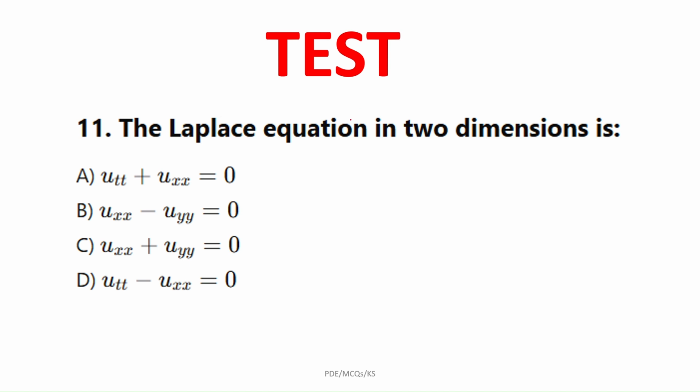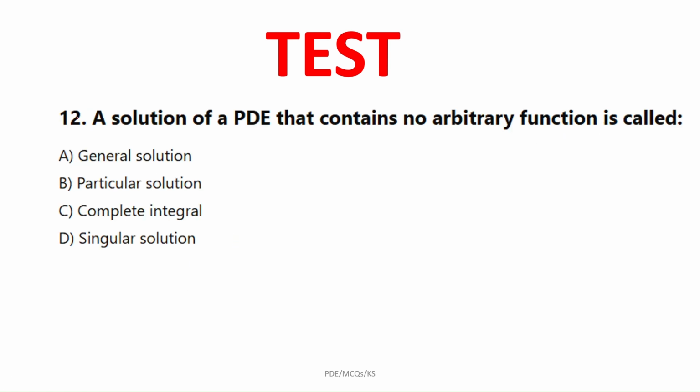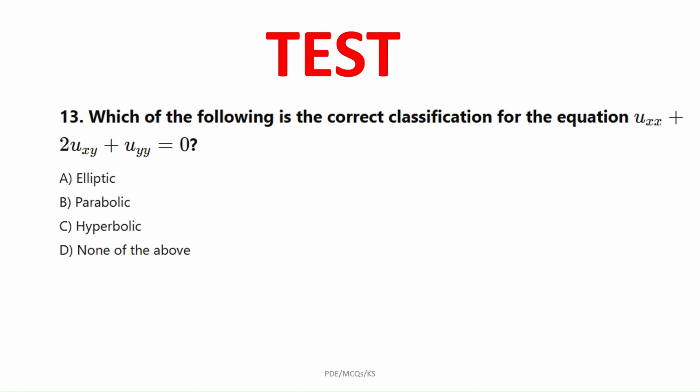Here are a few questions. Test yourself. Question number 11. The Laplace equation in 2 dimensions is. Question number 12. A solution of a PDE that contains no arbitrary function is called. Question number 13.